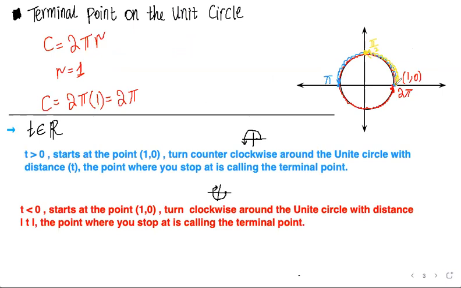If I move from this point to this point, the yellow one, dividing pi by 2, it's pi over 2. So the distance from here to here is pi over 2. How do I find the distance for the unit circle? By using the circumference. The circumference is equal to 2 pi times r, and r here is 1. So I get 2 pi times 1, equal to 2 pi.